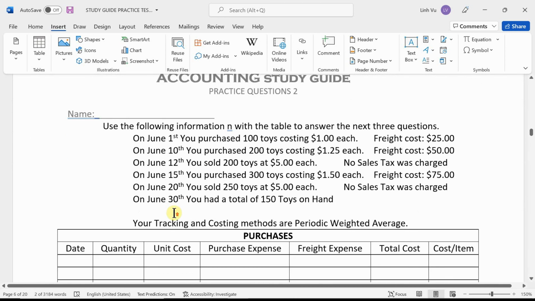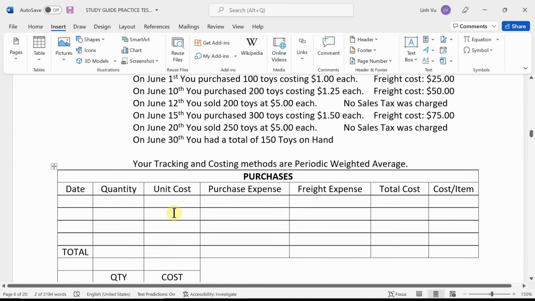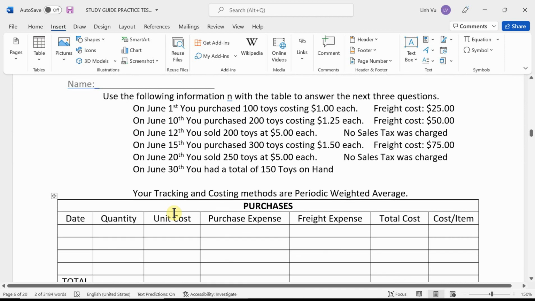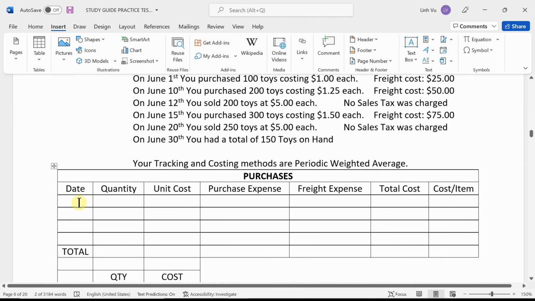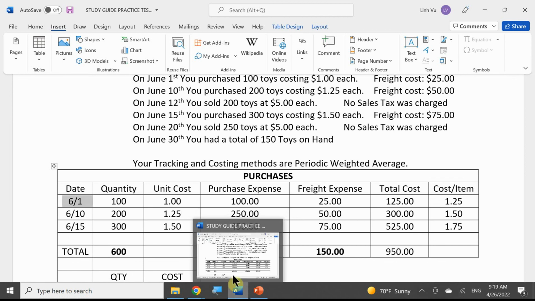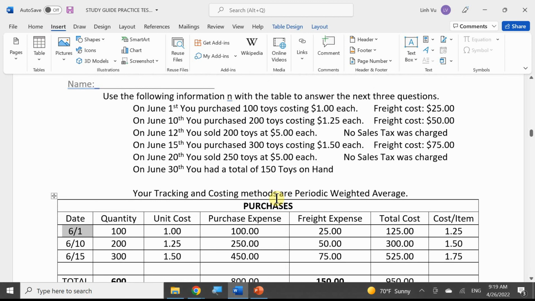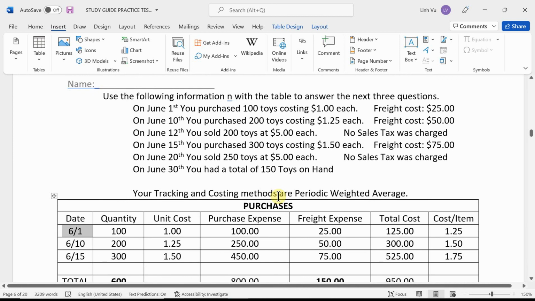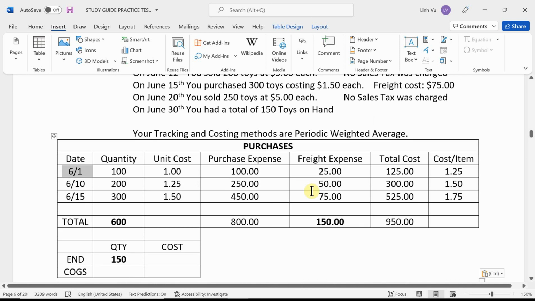Another exact same one, except the only difference here, this is weighted average, okay? So I'm going to copy and paste it all again here. But the difference here is what? What's the difference here for weighted average? Yes, the order doesn't matter. But what else do I need to solve for?